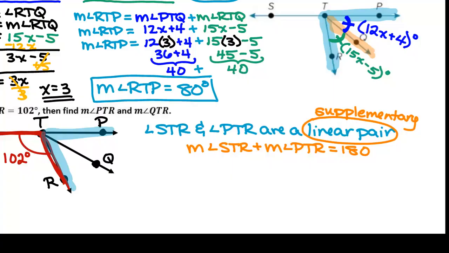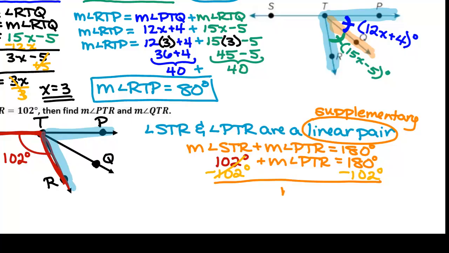Well, how big is angle STR? 102, so I have 102 degrees plus the measurement of angle PTR equals 180. Then I'm going to subtract 102 from both sides. What is 180 minus 102? 78. So angle PTR is 78 degrees.